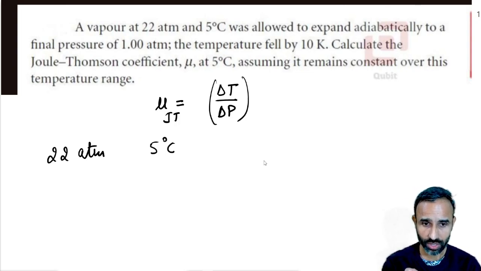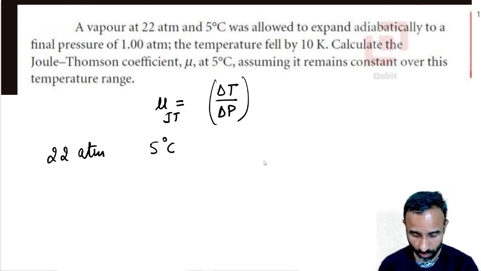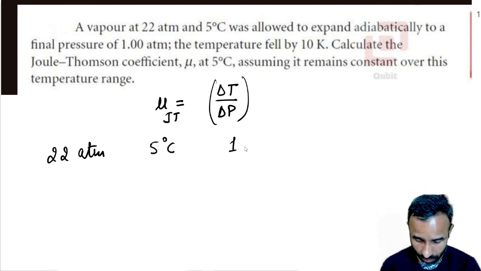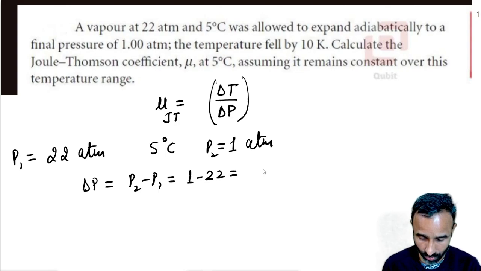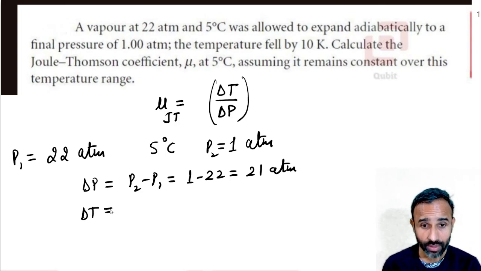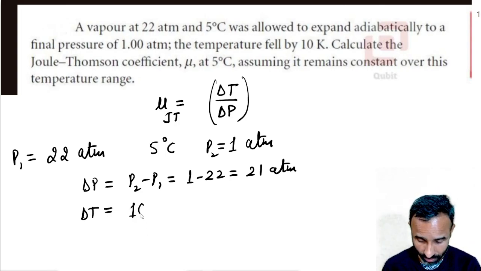So here it is given a vapor at 22 atmosphere at 5 degrees Celsius, allowed to expand adiabatically, and the final pressure becomes 1 atmosphere. So it is P1 and this one is P2. Delta P equals final minus initial, so 1 minus 22 means 21 atmosphere, and delta T, the temperature fell by 10 Kelvin.